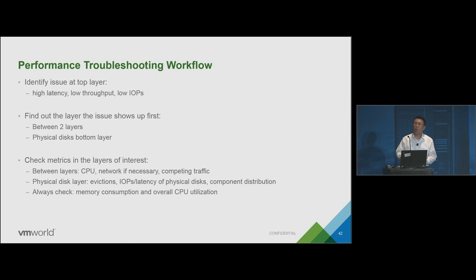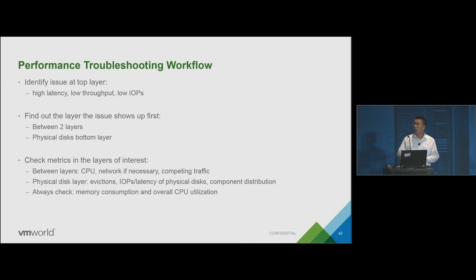If the problem is down to LSOM layer or the physical disk layer, check for evictions or read cache hit rate if it is read workload. And check for write buffer utilization and the destaging throughput if it is the write workload. And also, if it's down to physical disks, check the physical disks IOPs and the latency, see if they are doing fine.